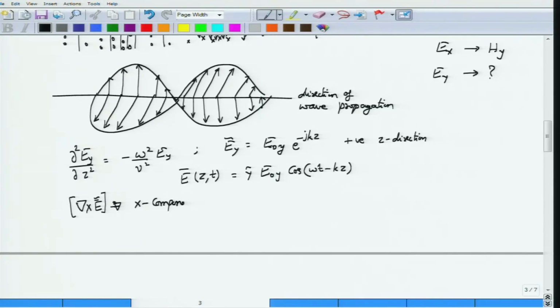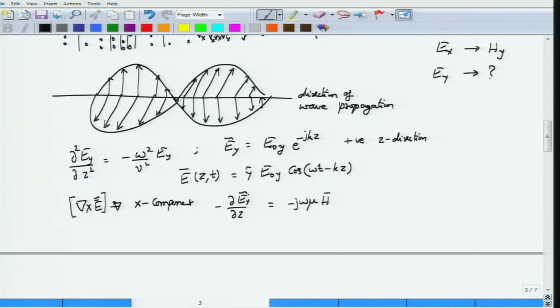Why would it have the x component? Because you have the Ey component varying as a function of z, and the x component of the curl is actually given by minus del Ey by del z. Okay. So this is the component which must be equal to minus j omega mu H, right.